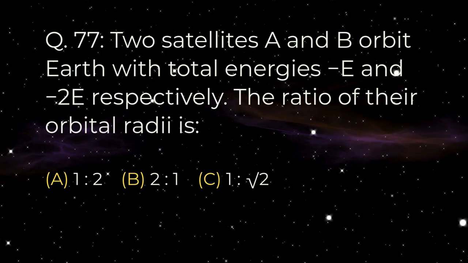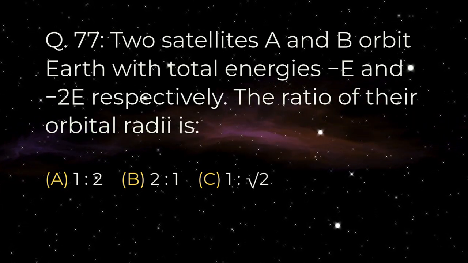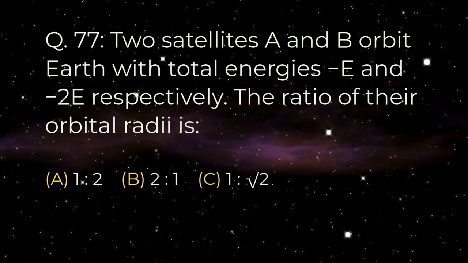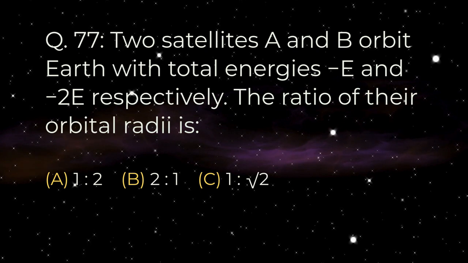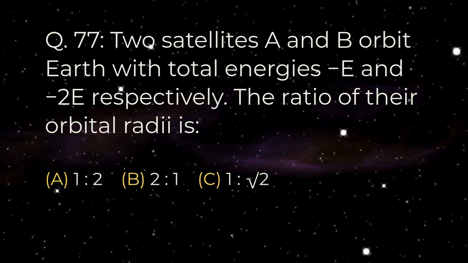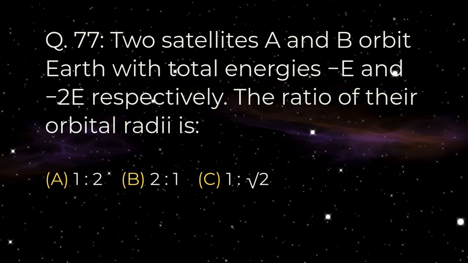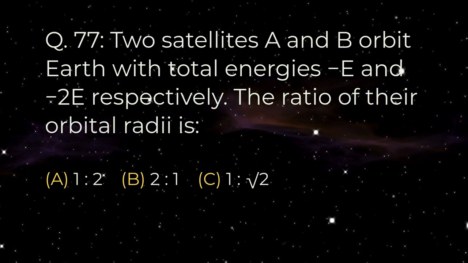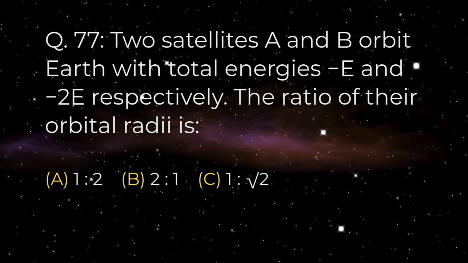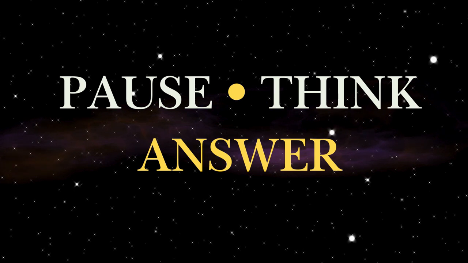Question 77. Two satellites A and B orbit Earth with total energies minus E and minus 2E respectively. The ratio of their orbital radii is: option A, 1 is to 2; option B, 2 is to 1; option C, 1 is to root 2.